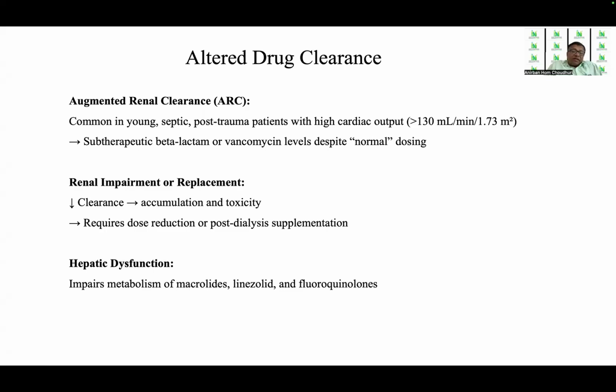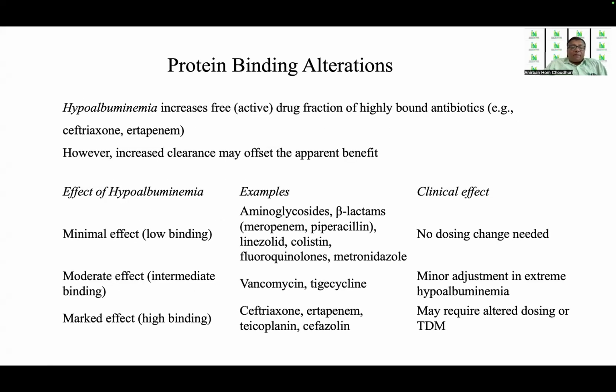There is reduced clearance, so there can be accumulation and drug toxicity, which requires dose reduction or post-dialysis supplementation. That is, after dialysis we administer the full dose. Next is hepatic dysfunction. This impairs metabolism of drugs that are metabolized in the liver: macrolides, linezolid, fluoroquinolones, etc.